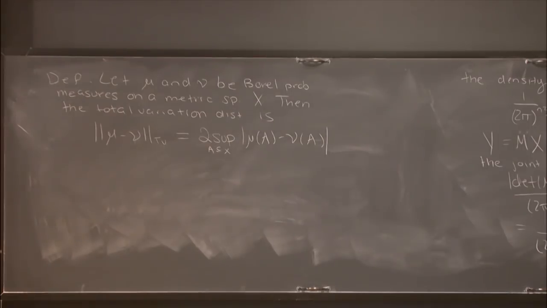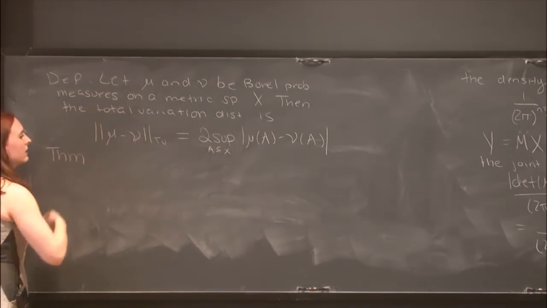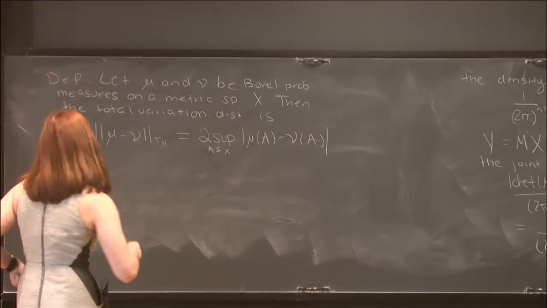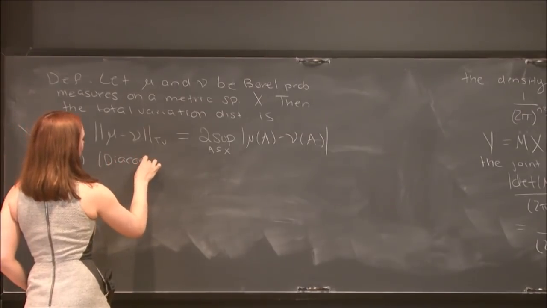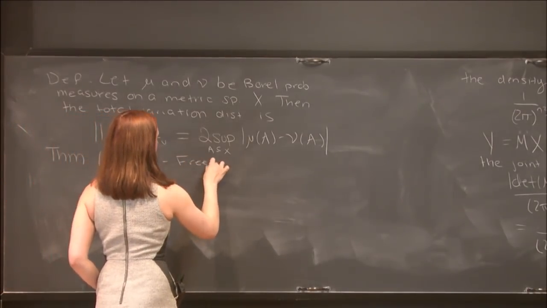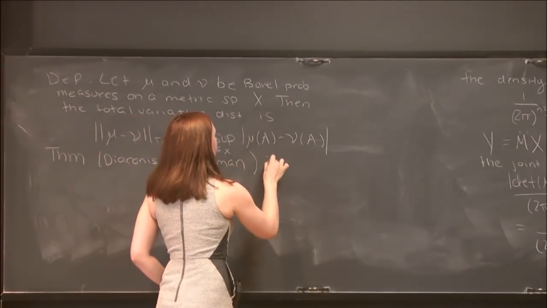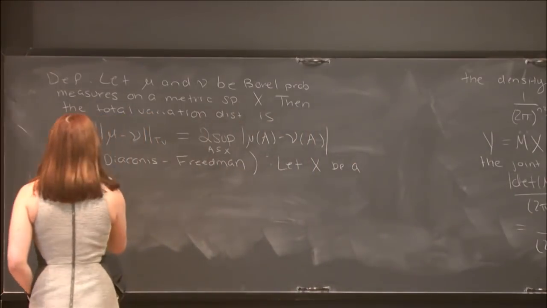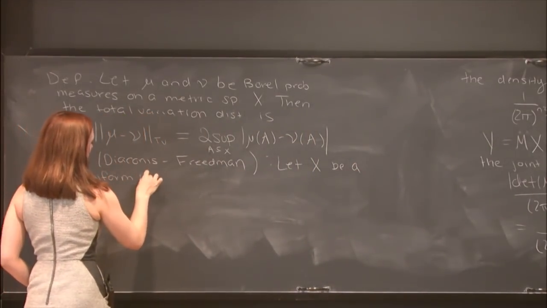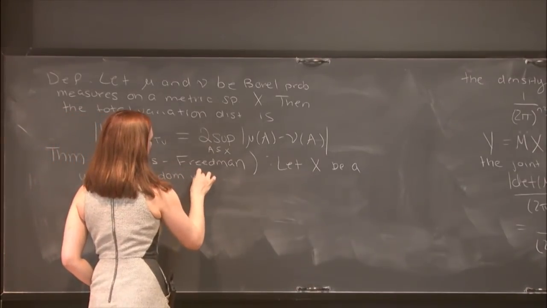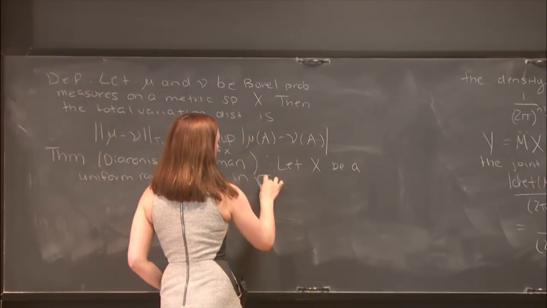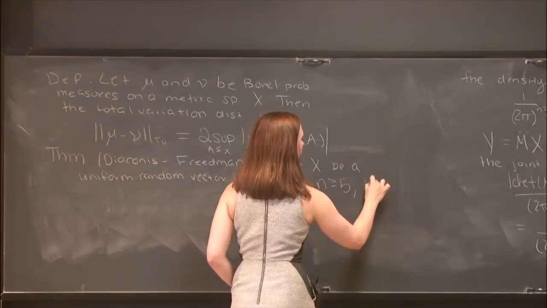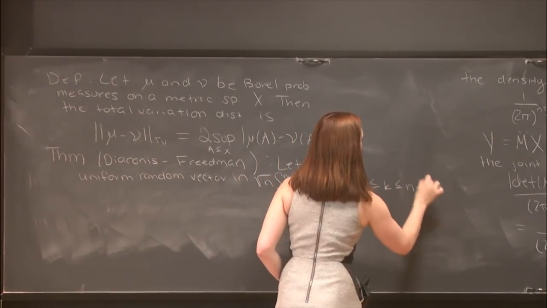Okay? So now, using this notion of distance, Diaconis and Freedman greatly strengthened Borel's result about 80 years later. So this is due to Diaconis and Freedman. Again, I'll take X to be a uniform random vector on my normalized sphere, root n times S^(n-1). I'll let n be at least 5 and k be between 1 and n minus 4.